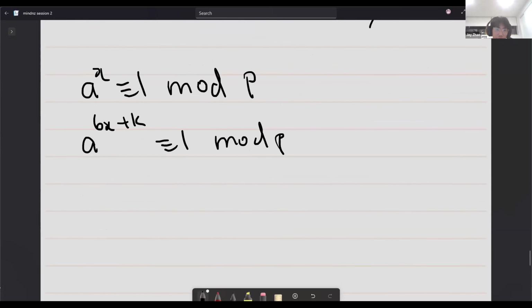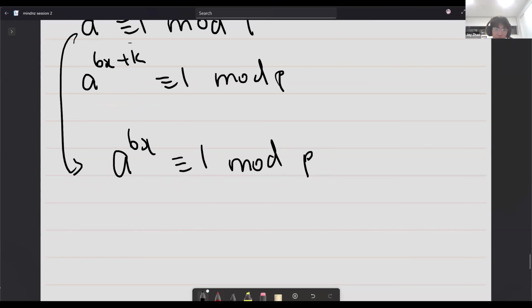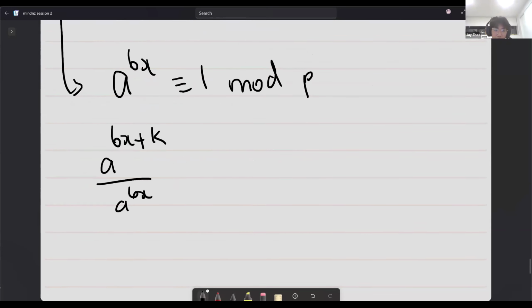So from this, if we took both sides to the power of b, we get a to the bx is equal to 1 mod p. So if we divided a to the bx plus k by a to the bx, this would be congruent to 1, and this would also be equal to a to the k mod p.